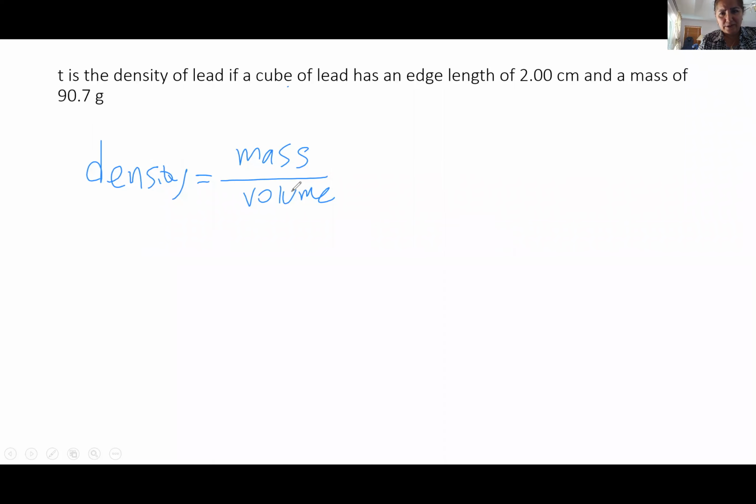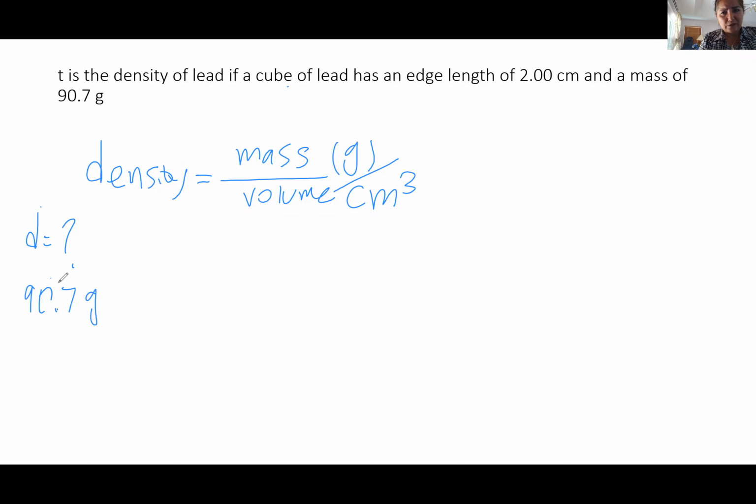Now, the unit for density for a solid compound is gram per cubic centimeter. Now, the information given, so you need the formula, and you want to know what is given and what you are looking for. What you're looking for is density. What's given is mass, which is 90.7 grams.